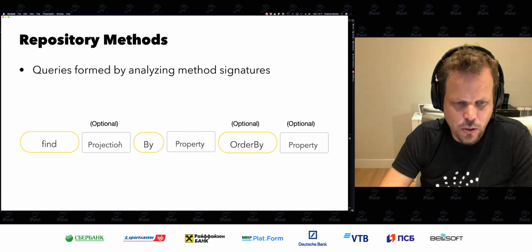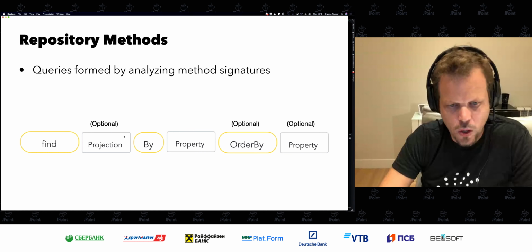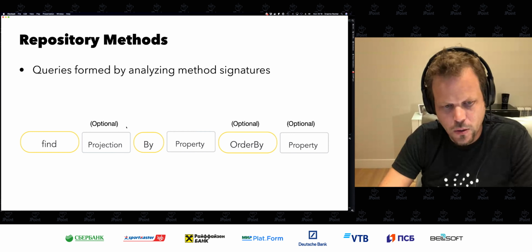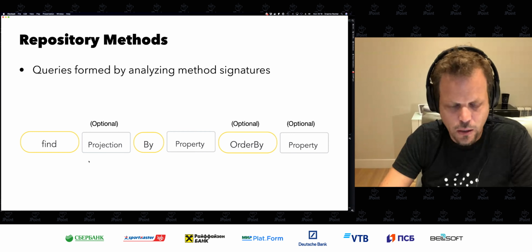And then there's an optional projection, where you're allowed to say, for example, findRoleBy or findNameBy something. So if you want to project on a particular property, that can be done, and I'll demonstrate that in a minute.